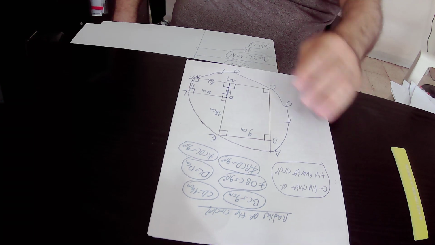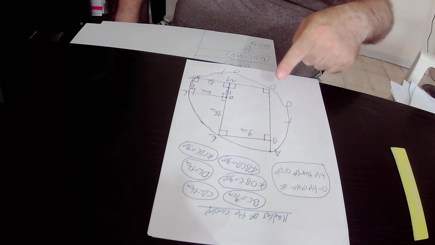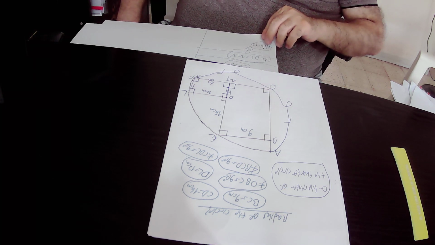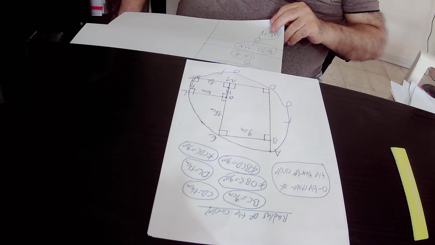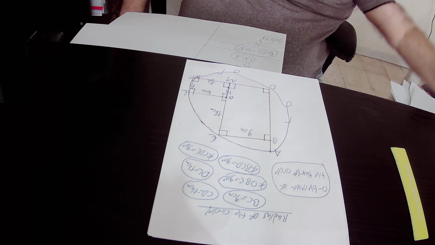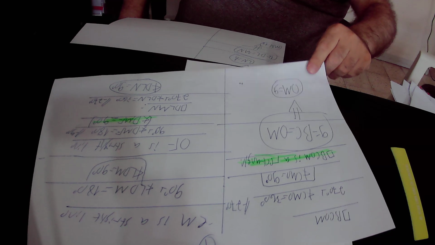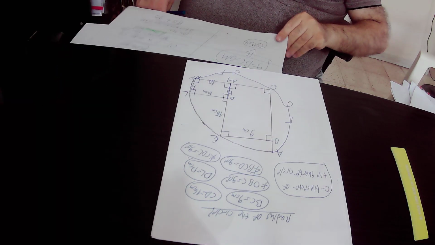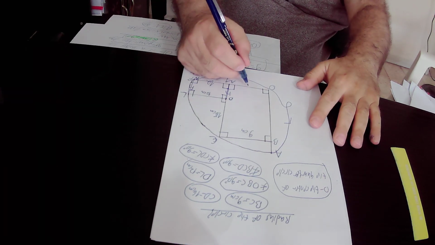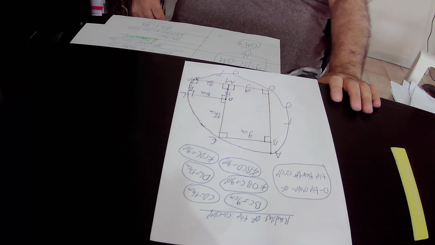We'll focus on triangle POM. Here we have already found out that side OM equals 9 units, but I didn't write it on the drawing, so I write down that OM equals 9 units according to what we have already found out.